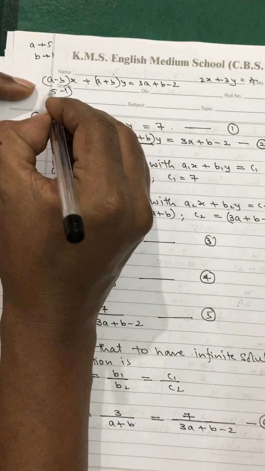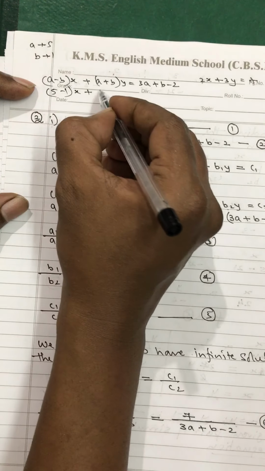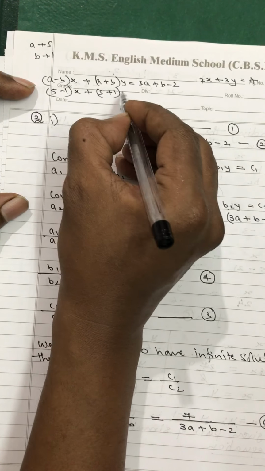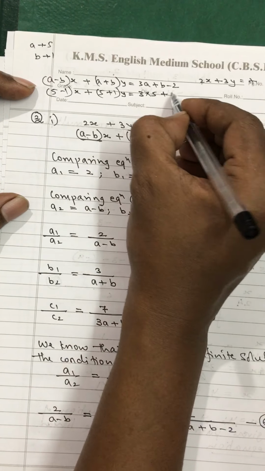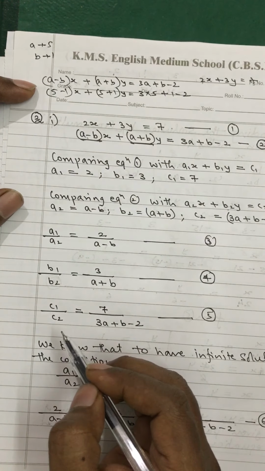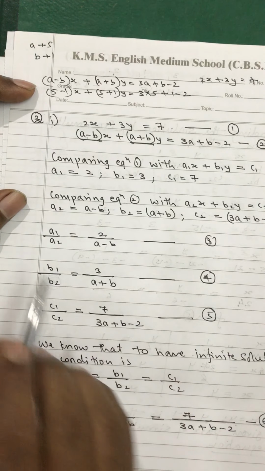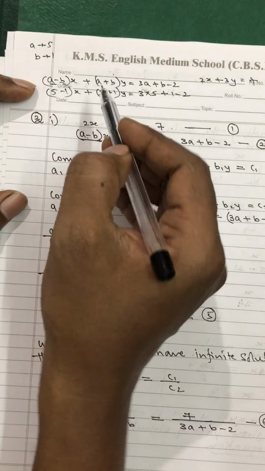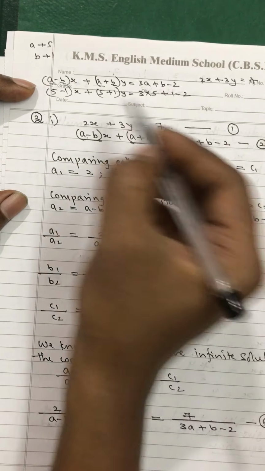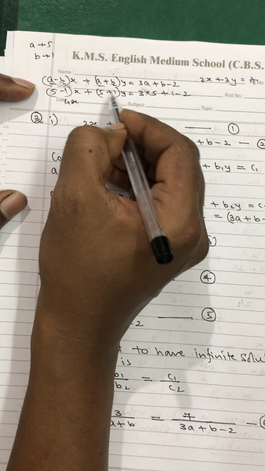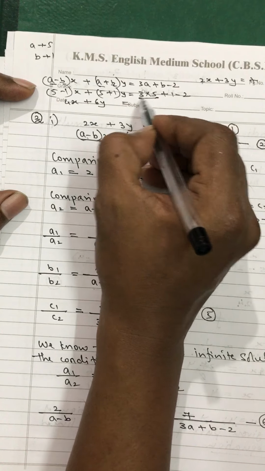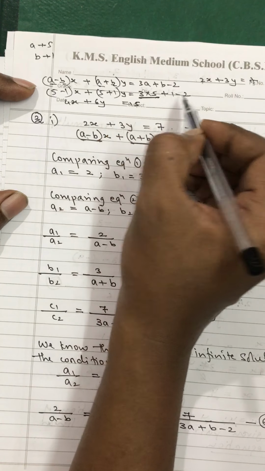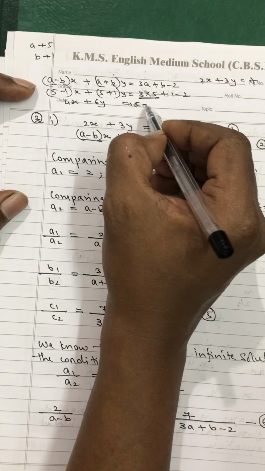5 minus 1 x plus 5 plus 1 y is equal to 3 into 5 plus 1 minus 2. Are you getting this? I substitute the values of A and B in the entire equation. So this will become 4x plus 6y is equal to 3 fives are 15, plus 1 minus 2 will give me minus 1.